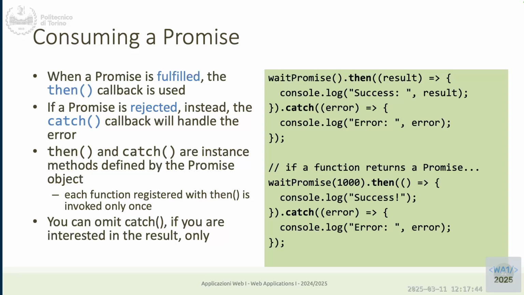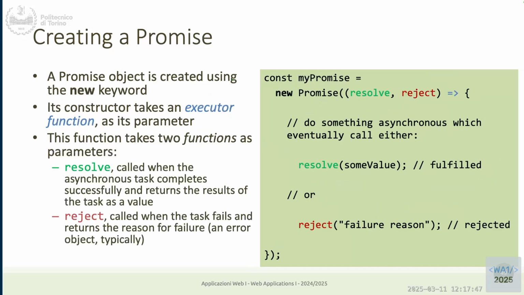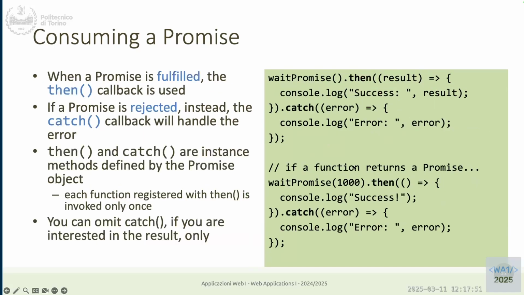So when a promise calls resolve with some value, then the promise object itself calls the callback provided with the then parameter, if it was provided. And the argument of this callback is the result, is the value. So again, we are playing the same game. I have a value inside one asynchronous function, and I have a way of getting that value as a parameter of some callback on the caller side.